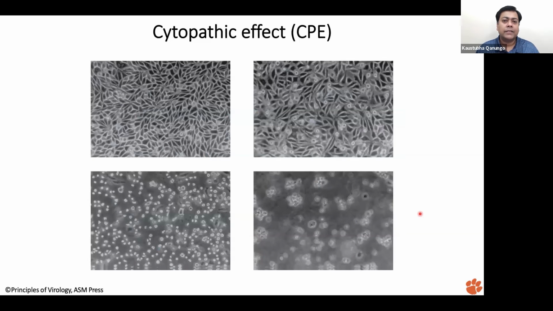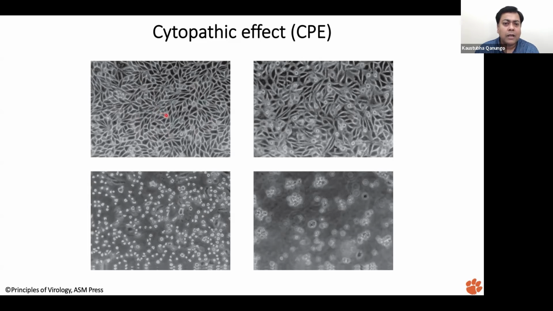All right. So now the cytopathic effect. What happens to the cell once it is infected with the viruses? These are called the effects of the viruses on the cell, the cytopathic effect, or the pathology of the cell. Here is a cell monolayer, and you can easily see that the cells are attached to each other.